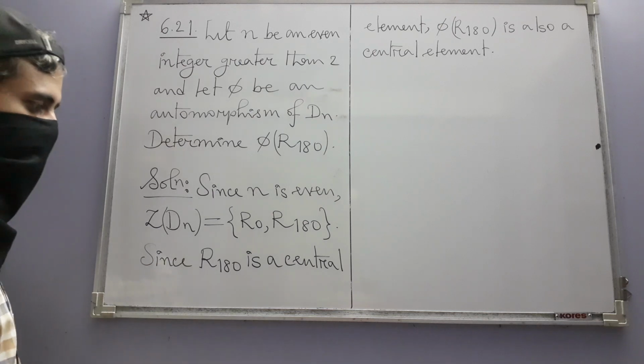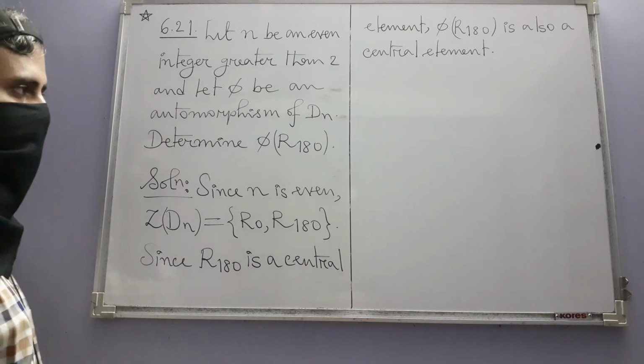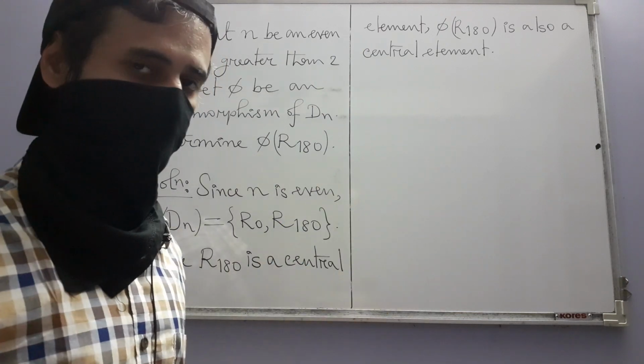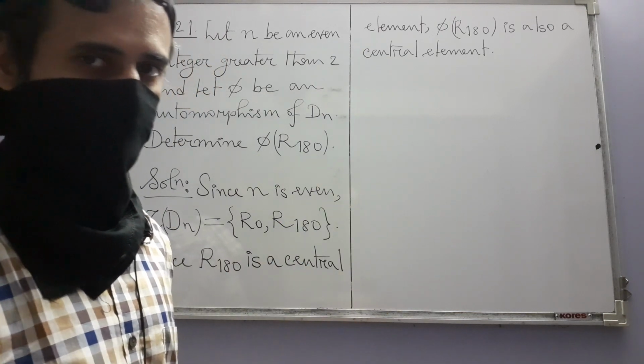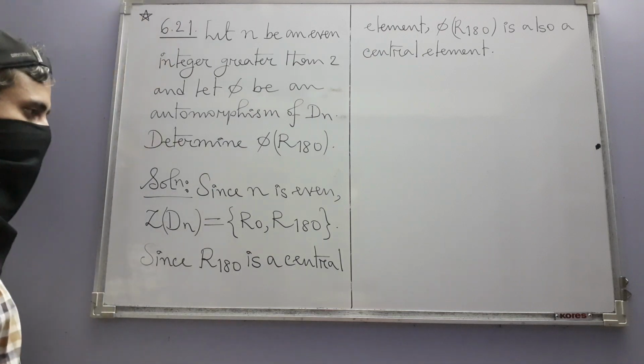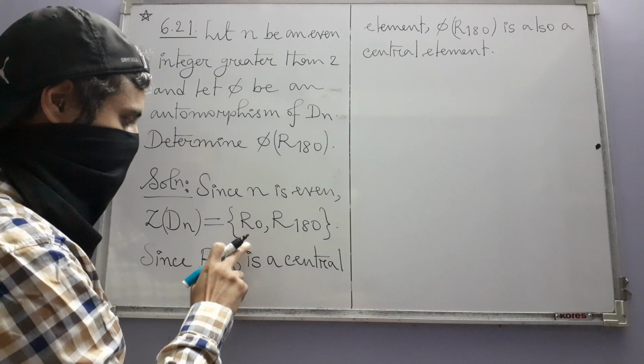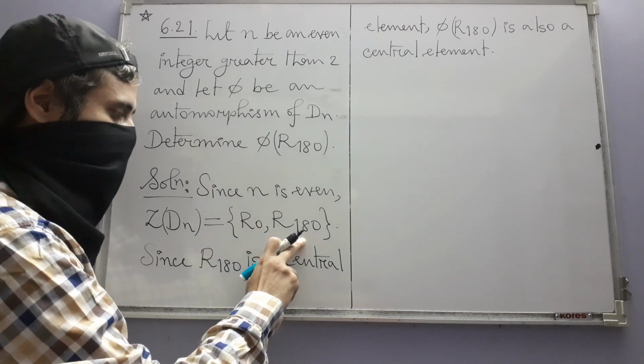Because phi is an automorphism of Dn, that's why R180 commutes with all the elements of Dn, so phi of R180 also commutes with all the elements of Dn. So that means phi of R180 is either this or this.